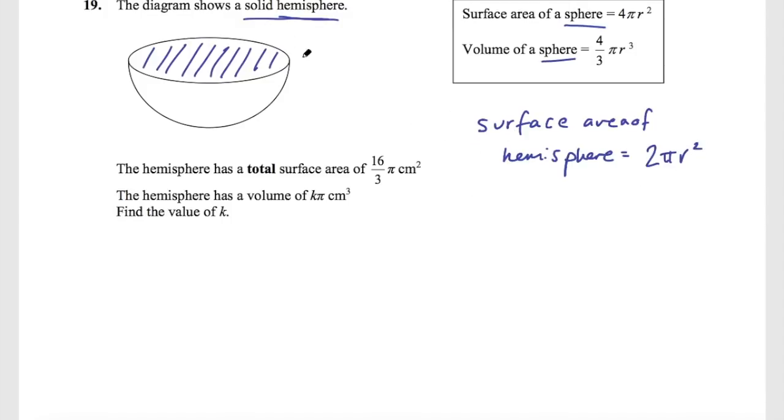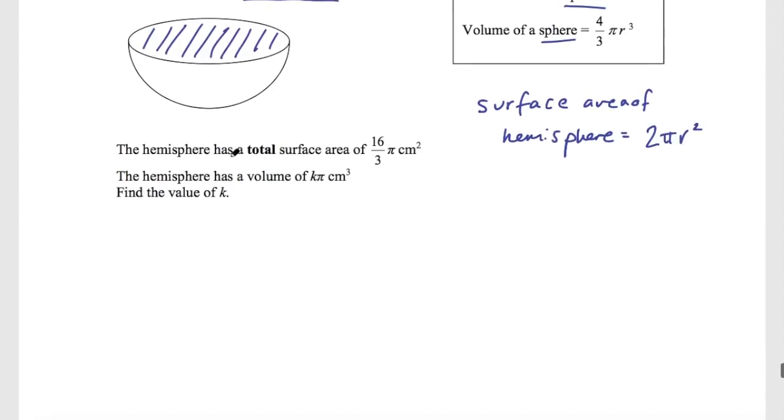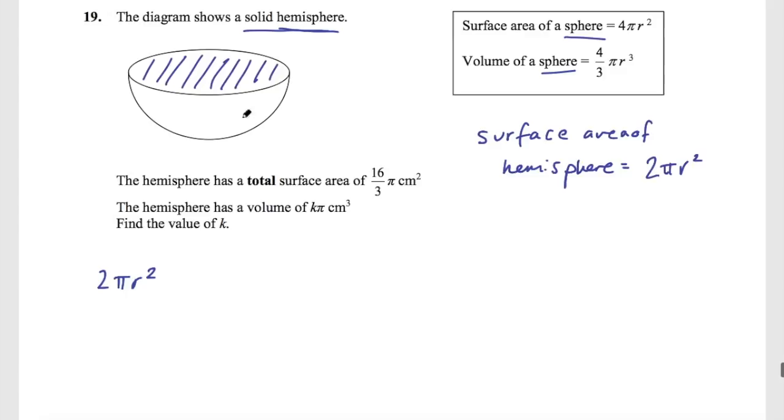And we also need to add on the area of this circle on top of the shape. So we can say that the total surface area of this solid hemisphere will be 2 pi r squared, the surface area of the hemisphere, plus the area of the circle on top, which will be pi r squared. And all of that equals 16 on 3 pi.